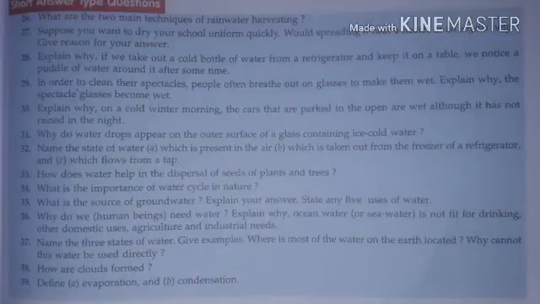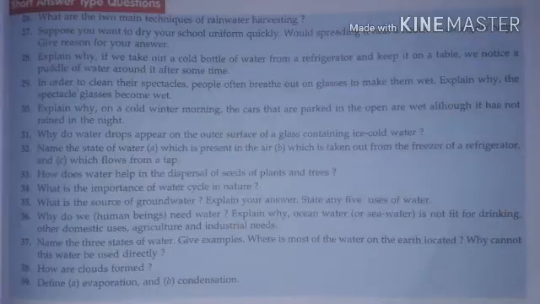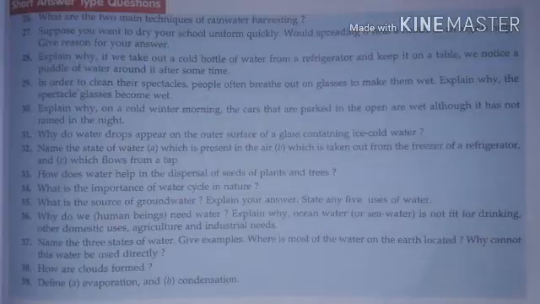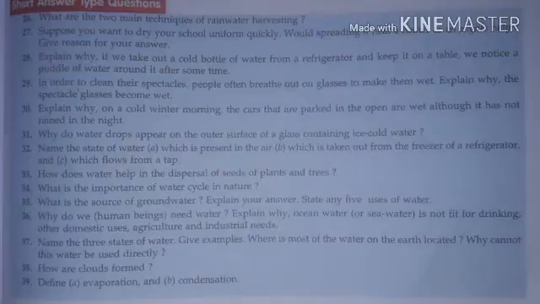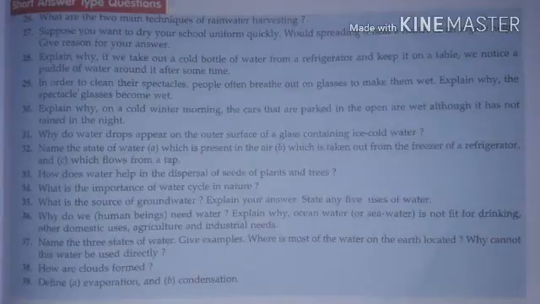Next question. In order to clean their spectacles, people often breathe out on the glasses to make them wet. Explain why spectacle glasses become wet. So whenever you breathe out, we know that when we exhale, we release carbon dioxide and water vapor.